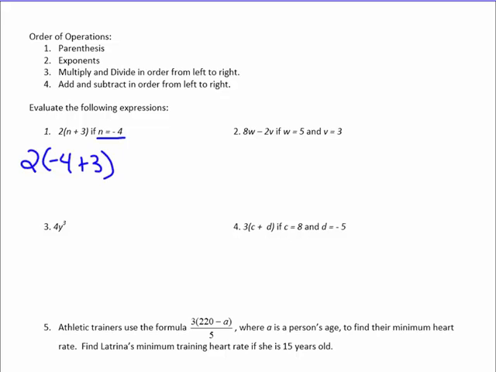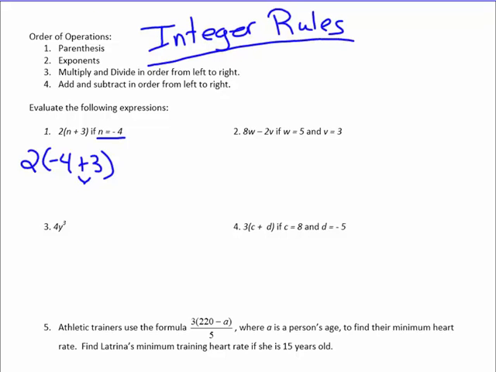Once I've done that, all of these steps will come into play. I have to do my parentheses first, remembering our integer rules. So, -4 plus 3 is -1. Because there's nothing in between, it's telling me to multiply. So 2 times -1 is -2.